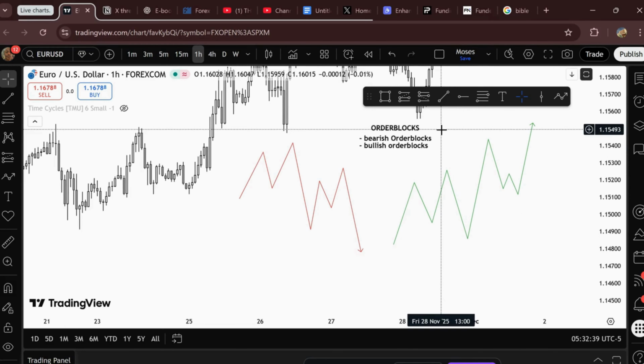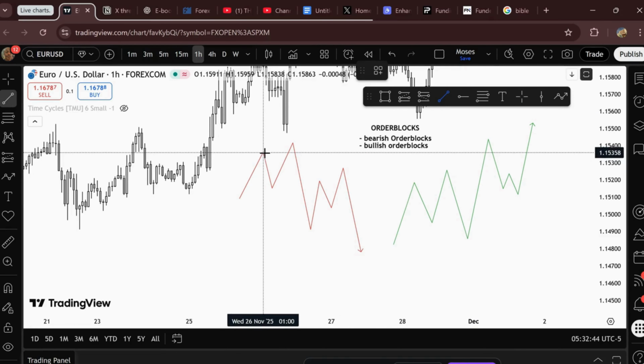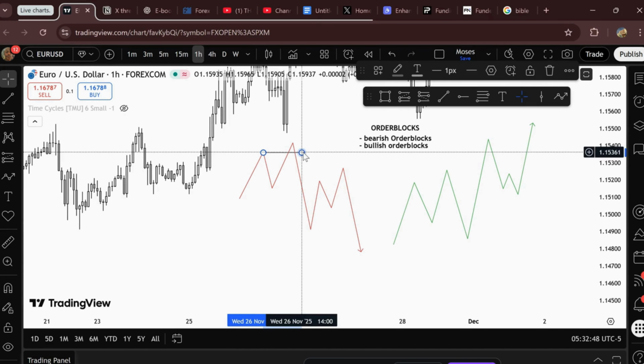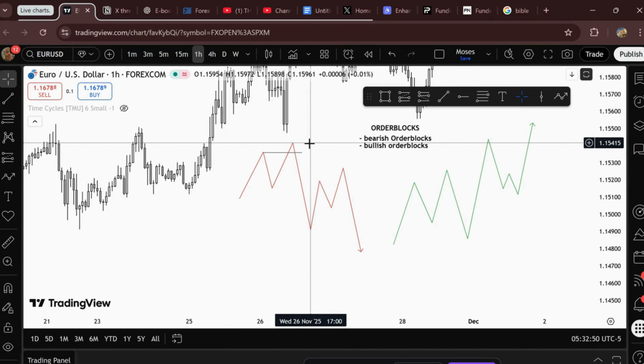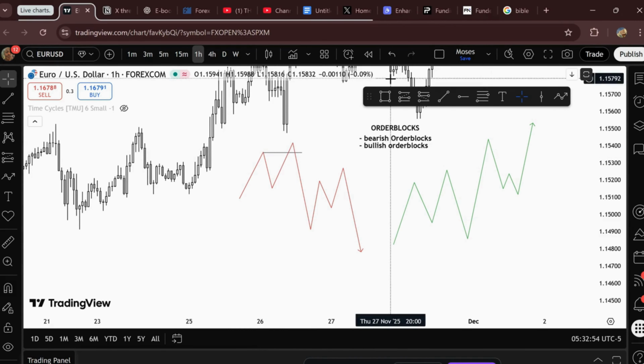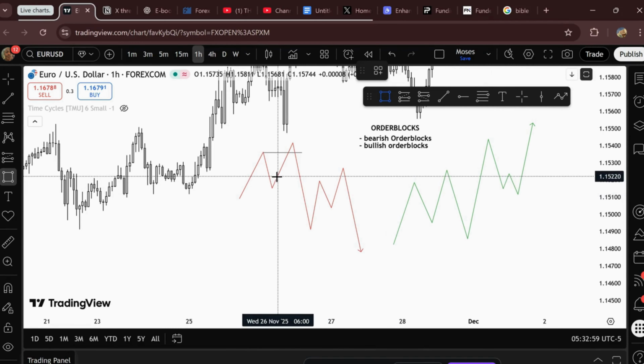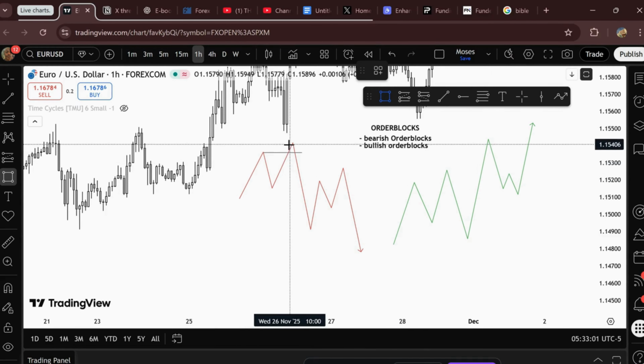Take the image on your screen for an example. This is price taking out this high in the bearish market structure. We say price is rejecting highs and breaking lows. Price rejected this high, and during this move upward, we had a series of bullish candlesticks as price kept moving upward.